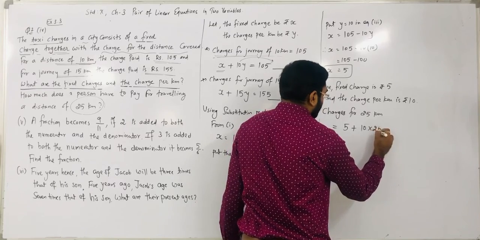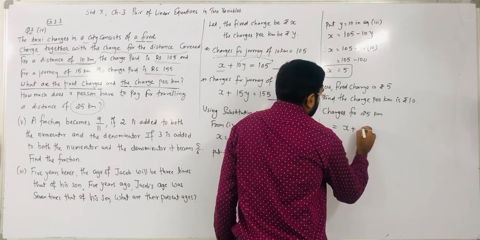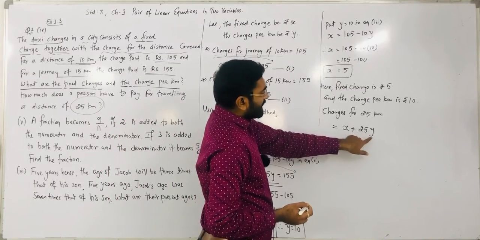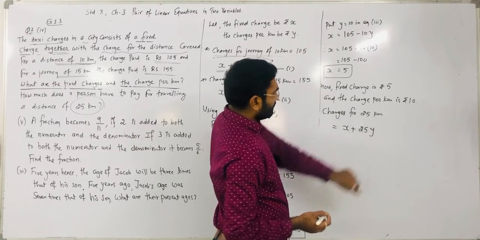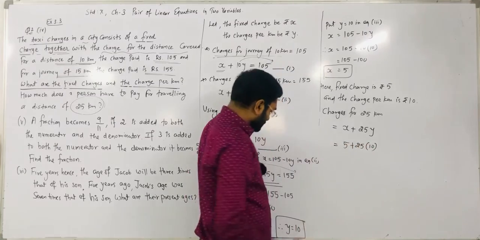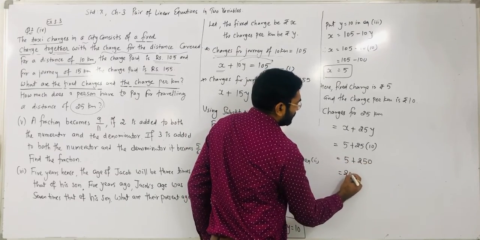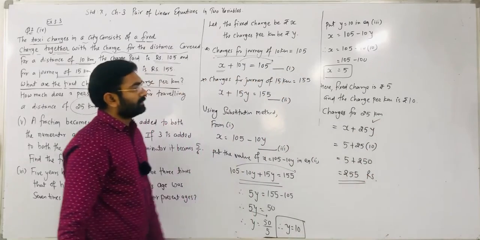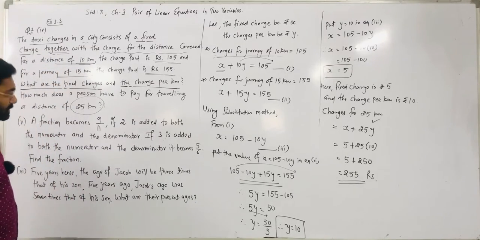Or you can write it this way also, x plus 25y, as we defined in the equation. Fixed charge plus charge per kilometer, here y, but you travel 25, so your charge is 25y. So x value is 5, plus 25 into the y value, 10. So 5 plus 250, so 255 rupees we have to pay for the 25 kilometer run. Okay, so that way we solved question number 4 using the substitution method.